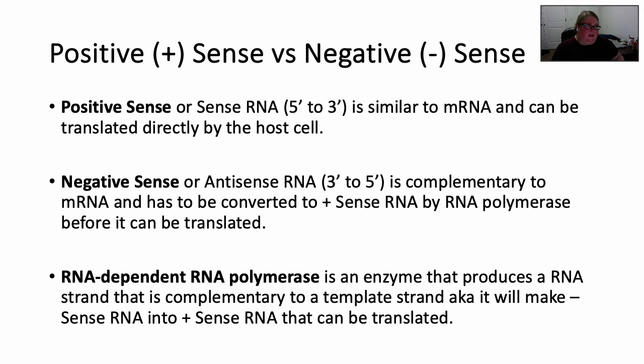So we have to go from negative sense to positive sense, and then it can be translated directly by the host cell. We're going to use RNA-dependent RNA polymerase as the enzyme that does this process. It's the one that takes our negative sense and makes it positive sense, so that the host cell can use it.